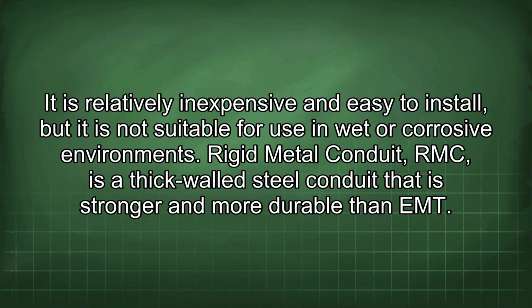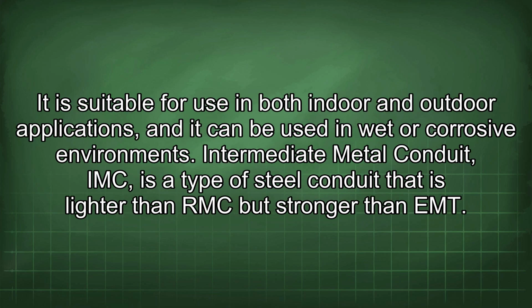Rigid metal conduit, RMC, is a thick-walled steel conduit that is stronger and more durable than EMT. It is suitable for use in both indoor and outdoor applications, and it can be used in wet or corrosive environments. Intermediate metal conduit, IMC, is a type of steel conduit that is lighter than RMC but stronger than EMT.